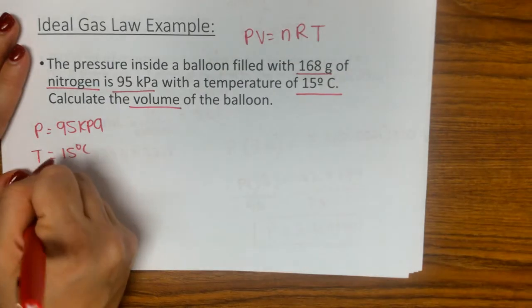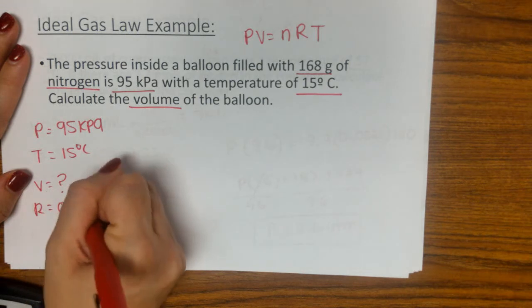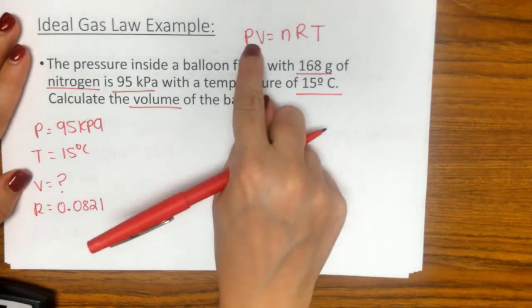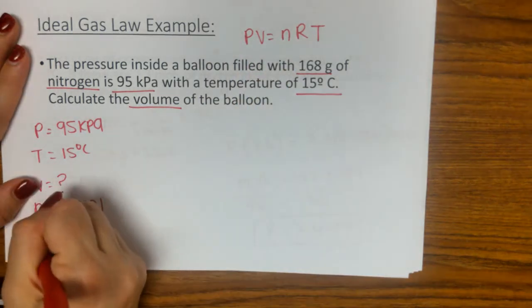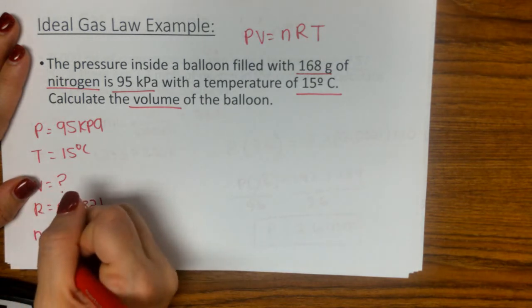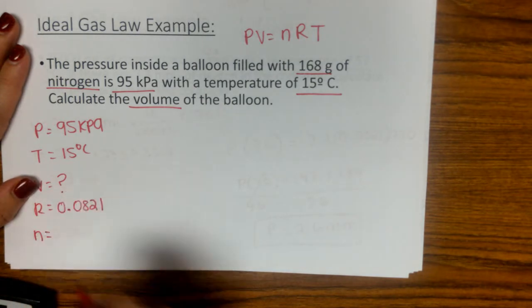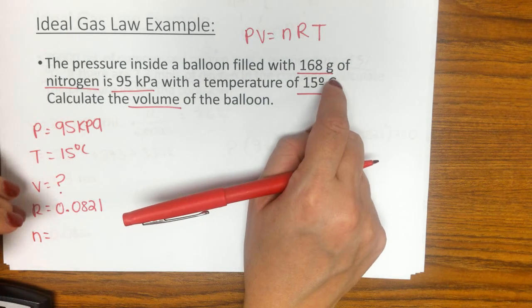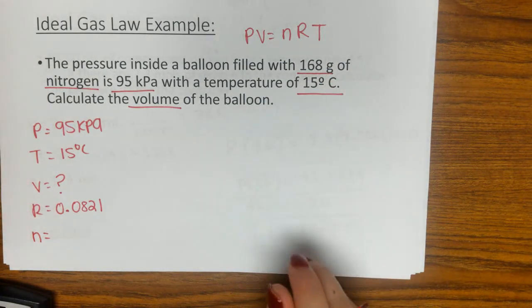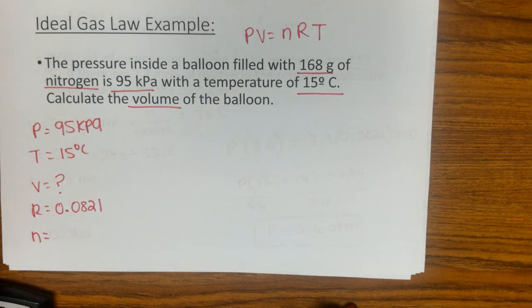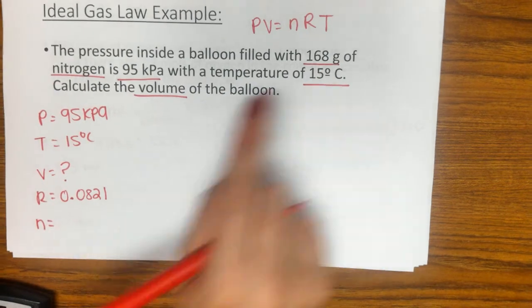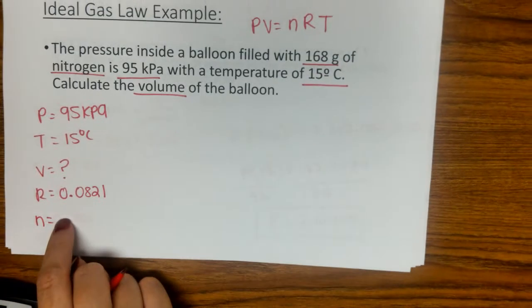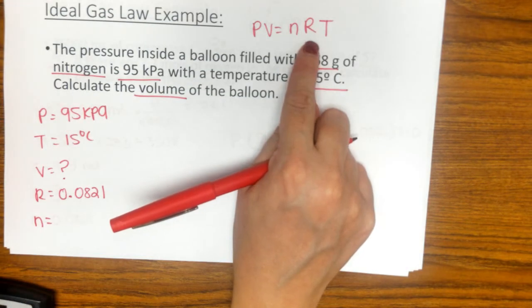Now, I know R, 0.0821, PV, N. N, you have to remember, is moles. I did not give us moles, I gave us grams. Now you can go from moles to grams and you'll be expected to do this, so don't act like that's a surprise. And so we're going to take our grams and change it to moles so that we can get our N, and then you can plug into this equation.